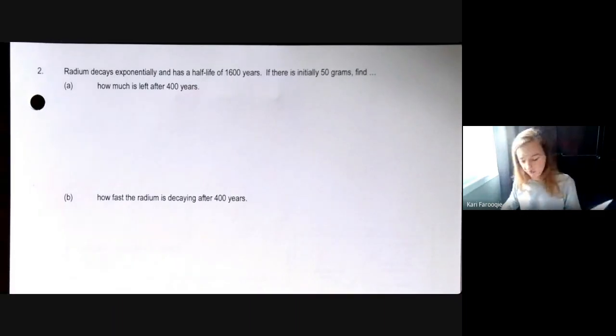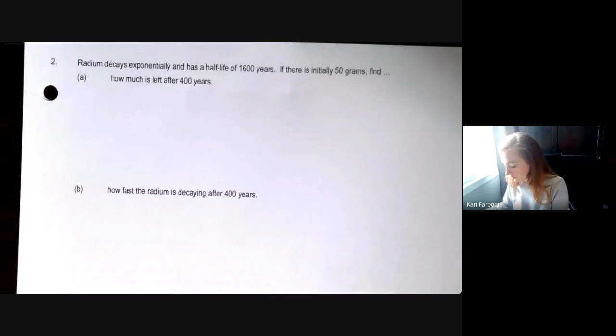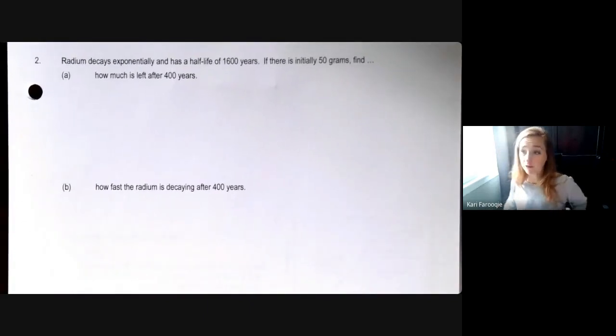Radium decays exponentially. Oh, it decays. So we're expecting our value of K to be negative in this case. It has a half-life of 1,600 years. So what that means is that after 1,600 years, the amount of radium that you have left is half of the original amount.